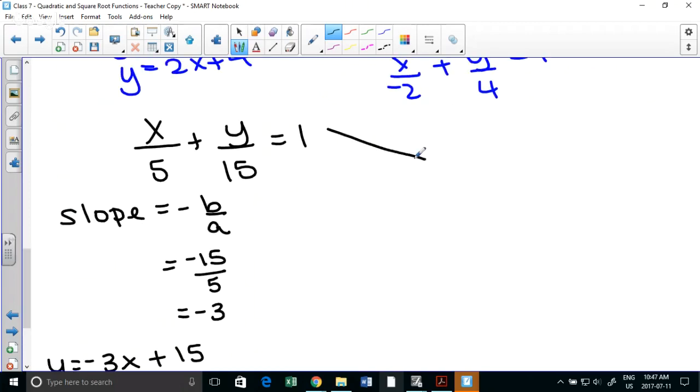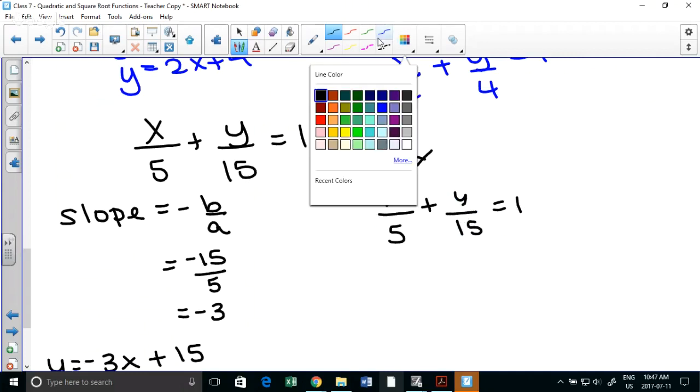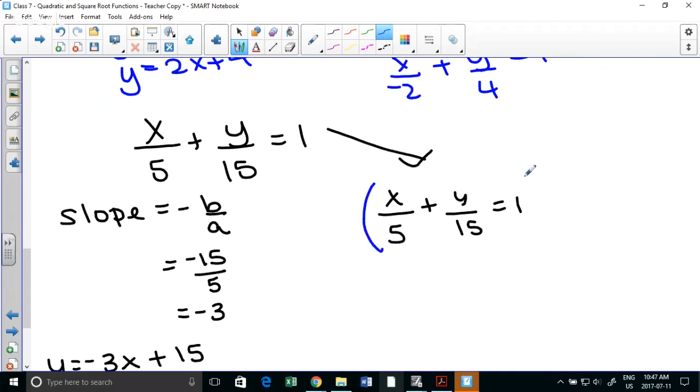To convert to general, we have the three criteria. First, I have to get rid of the denominators. So in this case, I'm going to multiply the whole equation by, not 5, because 5 won't take care of this. I'm going to multiply it by 15.